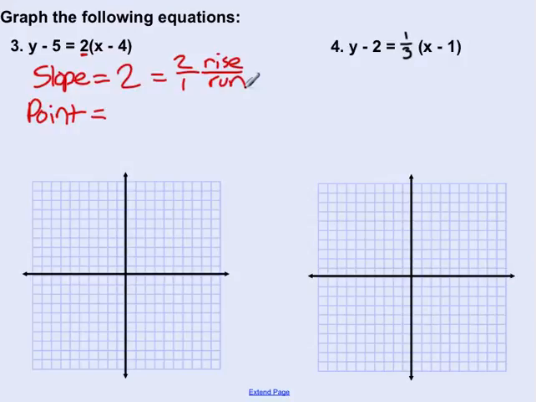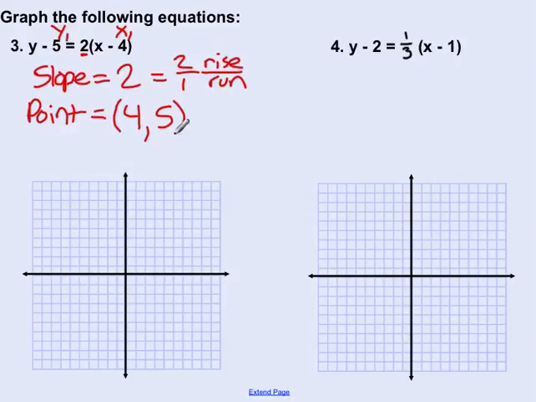The point, this is your x sub 1 and your y sub 1. X sub 1 is located right here, y sub 1 is located right here. And it's kind of goofy because the x is listed second, but it's going to be the first number in our point because we always have our x's first and our y's second. Our x sub 1 is a positive 4. Think about how you would have to put that into the form. When you put it in there, it'd be x minus 4. So it does go in there as a positive 4. Same thing for the y, it's just going to be a positive 5.